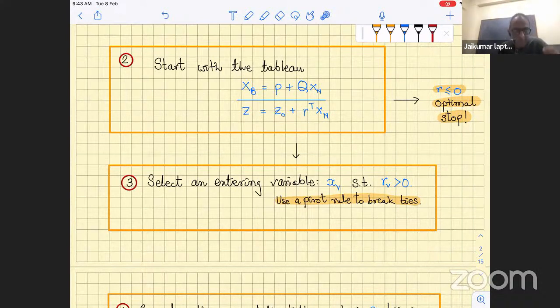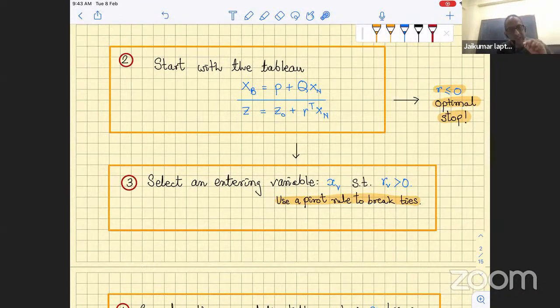So we attempt to get hold of some xn. And how do we get hold of that xn? If there is only one xn for which the coefficient is positive, we don't have a choice. But if there are multiple xn's, we have to use some pivot rule to break the ties. We will see. And we decide to make that a basic variable, that is, a dependent variable.